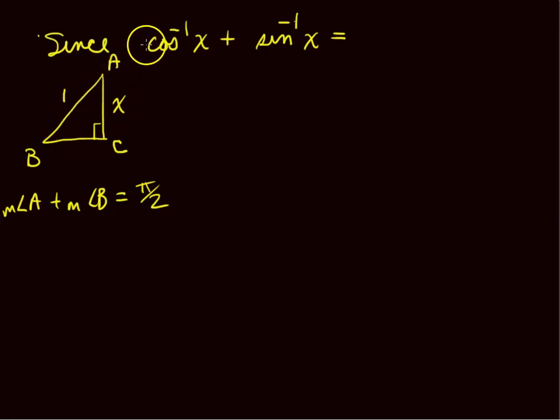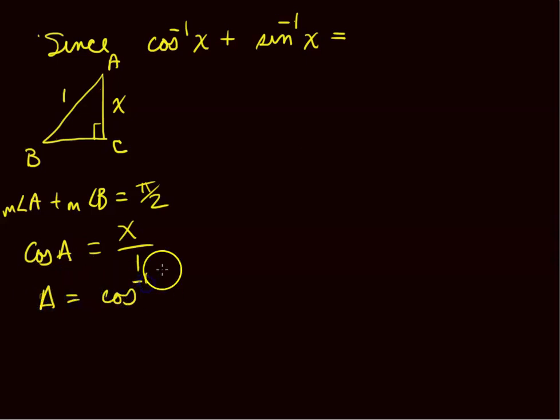Let me write this down: cosine of A is x over 1. If I take the inverse of both sides, then I get A is the inverse cosine of x over 1, which is really just the inverse cosine of x. So that's this angle A.